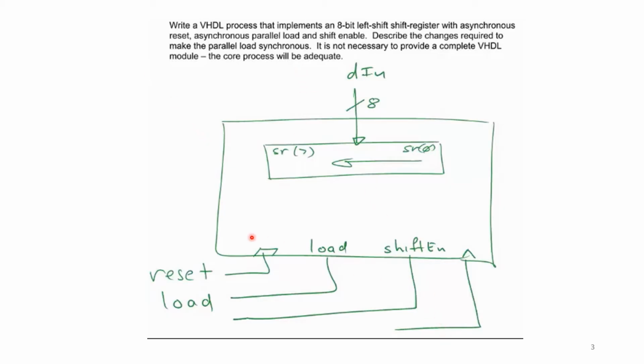So all of these are inputs, and we have the input D in, data in. So this is our input, and we need to have another one, data out, right?